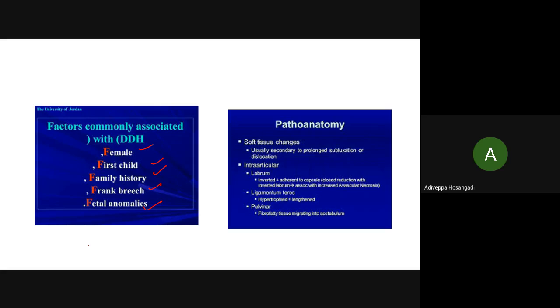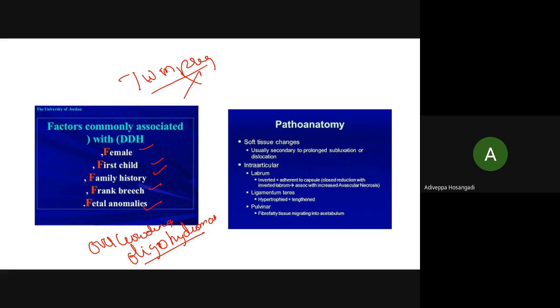There is one more, the overcrowding phenomenon, or oligohydramnios. You are better knowing about oligohydramnios. These are the risk factors. But please remember, twin pregnancy is not a risk factor. Even though there is a crowding phenomenon, twin pregnancy is not a risk factor for DDH.